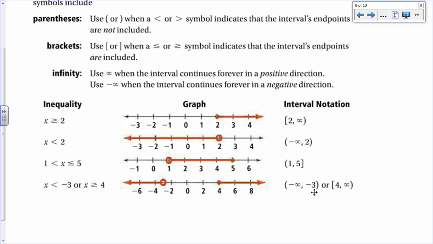Open circle here at -3. So that's our endpoint. Parenthesis to indicate it's an open circle. The word or is going to get repeated. And then for the right side, we have a bracket, because 4 is included in the answer, comma, infinity, because we go on forever. And again, whenever you have the infinity signs, we have to use a parenthesis with it.